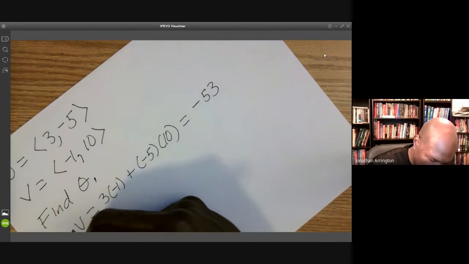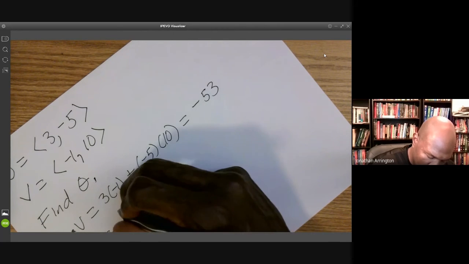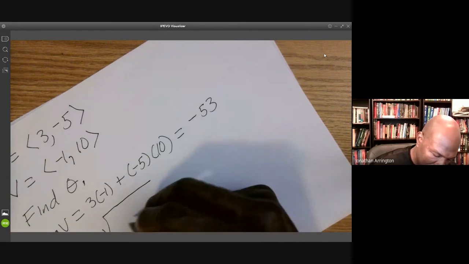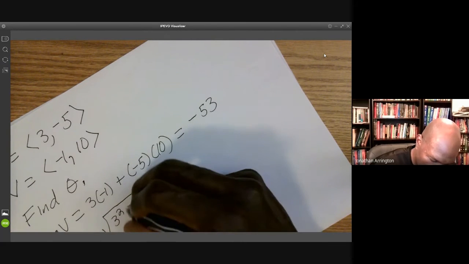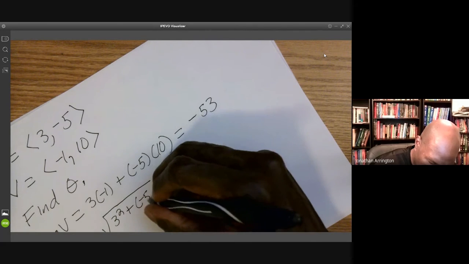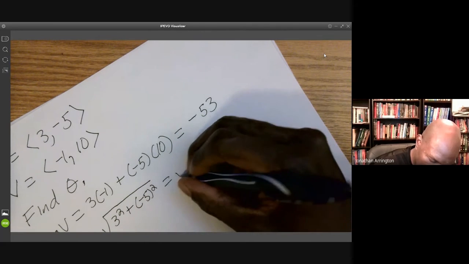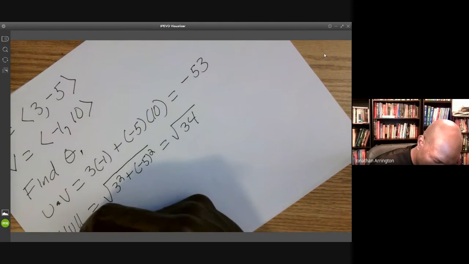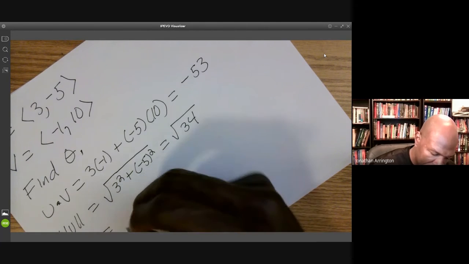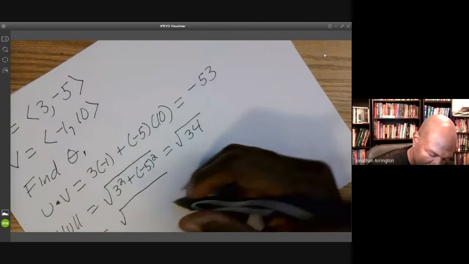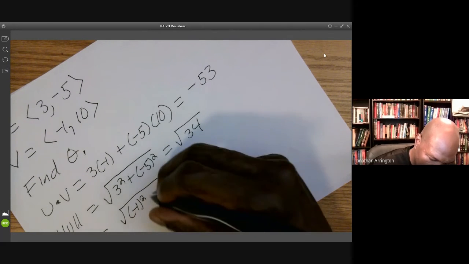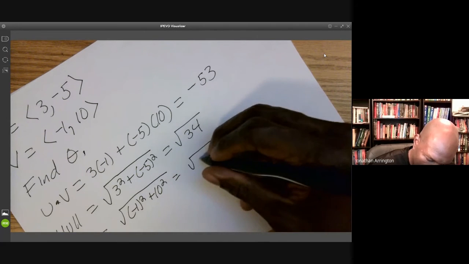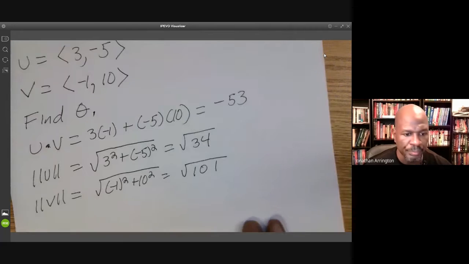And the norm of u is the square root of the components of u squared added together. So that's the square root of 3 squared plus -5 squared. So that's the square root of 34. And the norm of v would be the square root of -1 squared plus 10 squared. So that's the square root of 101.